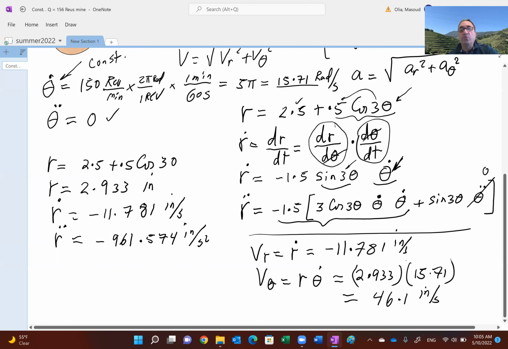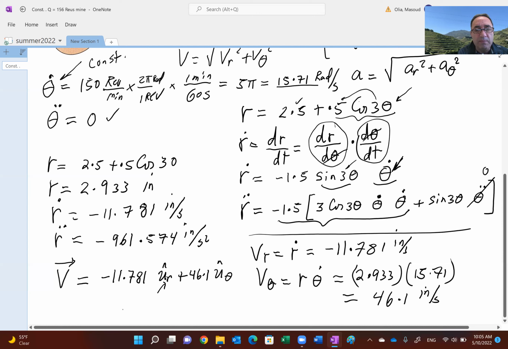So now you have the 2 components of velocity. Remember the magnitude of velocity. If you want to, by the way, write this vectorially, you would write it like this: two components, the radial component along the radial unit vector u sub r, and 46.1 u sub theta, where u sub theta is the transverse unit vector.